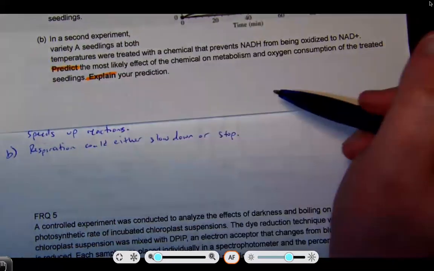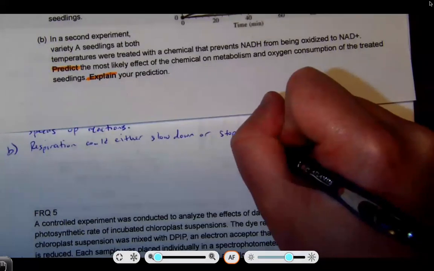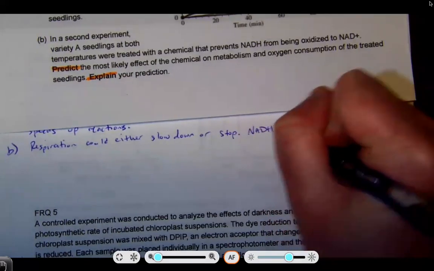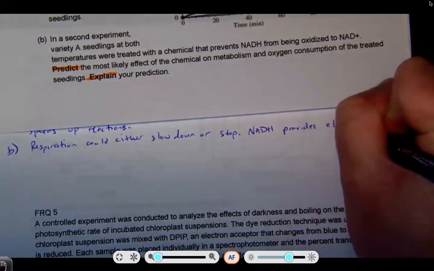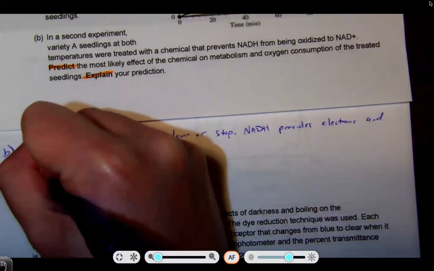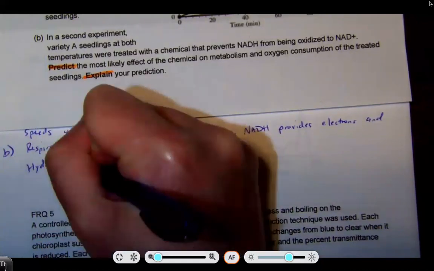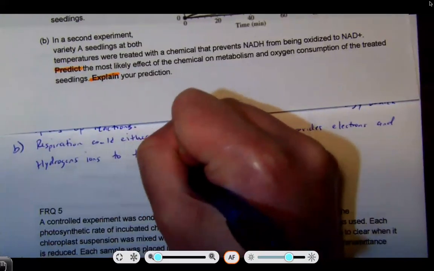And then it asks you to explain why. Well, NADH provides electrons and hydrogen ions, or protons, to the electron transport chain.